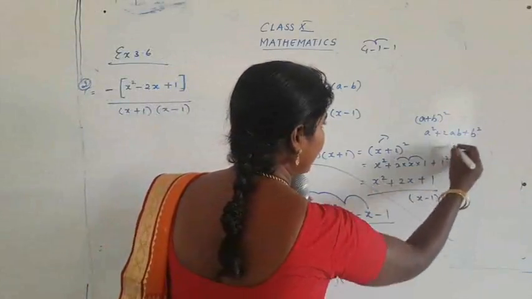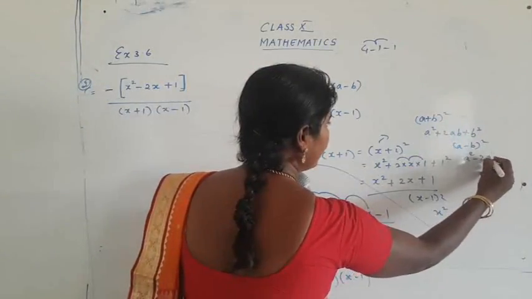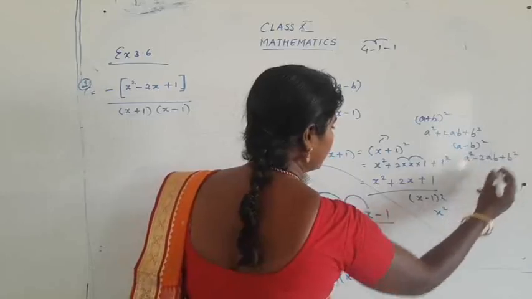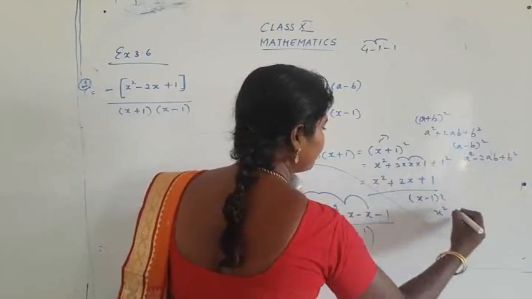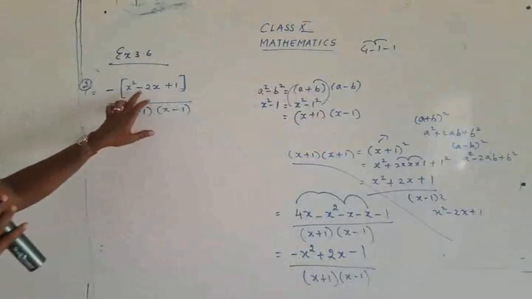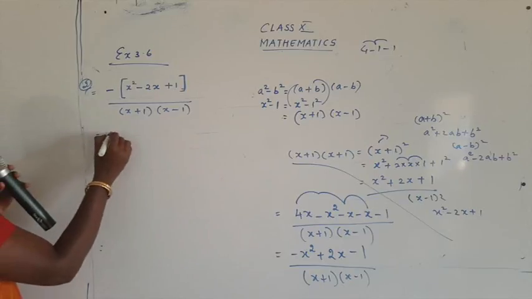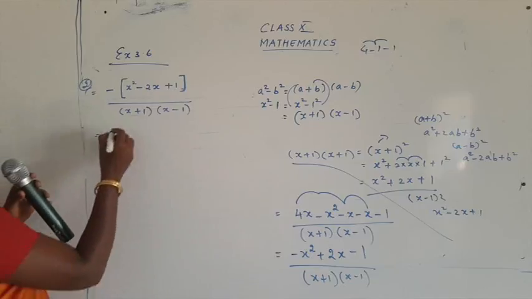That is a minus b the whole square, which is a square minus 2ab plus b square. So x square, instead of plus you get minus 2x plus 1. Now x square minus 2x plus 1 is nothing but the expansion of x minus 1 the whole square.